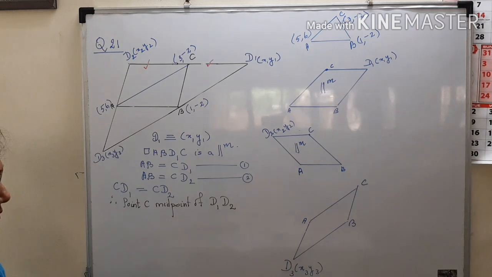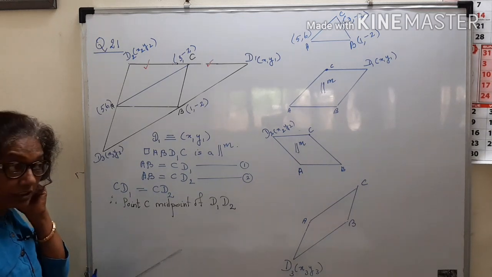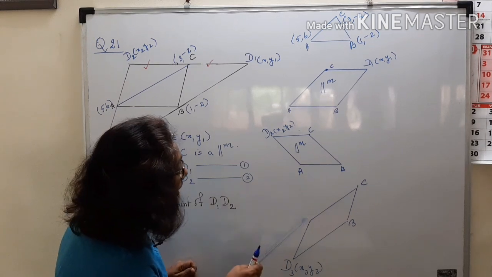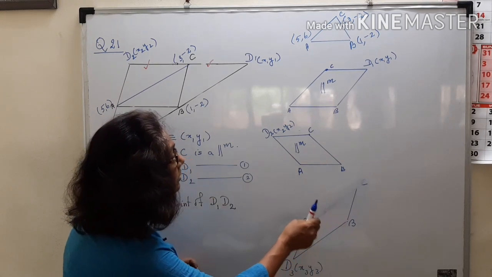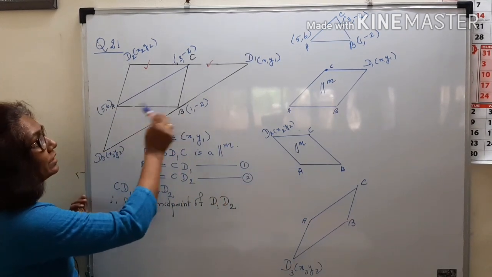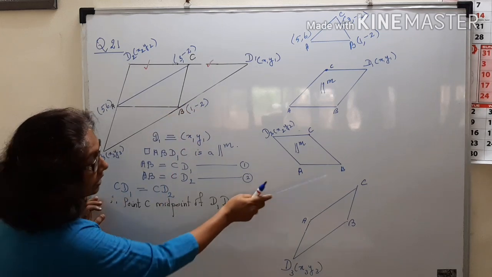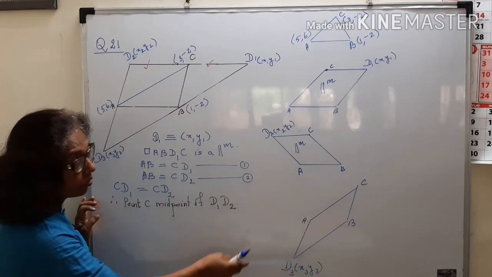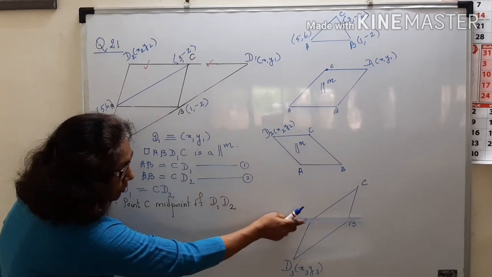Then we come to the next possible quadrilateral. That is, I consider A, B, C. Here D1 and D2 are on either side. I am taking D3 now to the opposite side of segment AB.